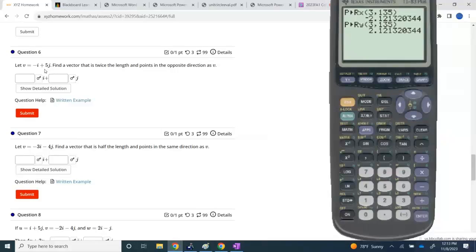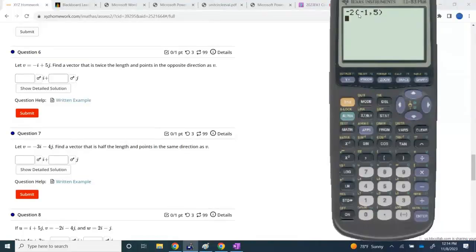So I believe I can use the calculator for that. I'm going to take the value negative 2 and multiply it by my vector. So I'm going to take my coefficients. The coefficient for negative i is negative 1. The coefficient for 5j is 5. I used a parenthesis instead of that bracket, so just be careful.